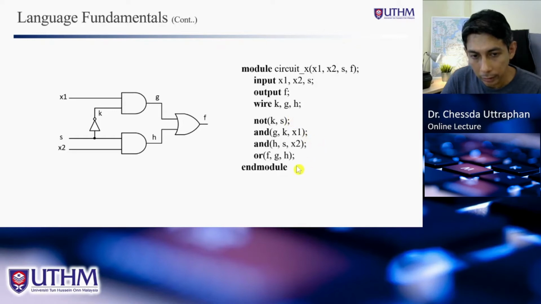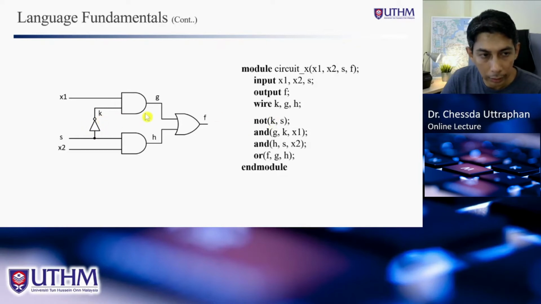Yes, that is computer programming. But in hardware, these are executed in parallel, concurrent. So the arrangement doesn't matter. You can start with the OR gate first, followed by this one, or this one first. It doesn't matter.